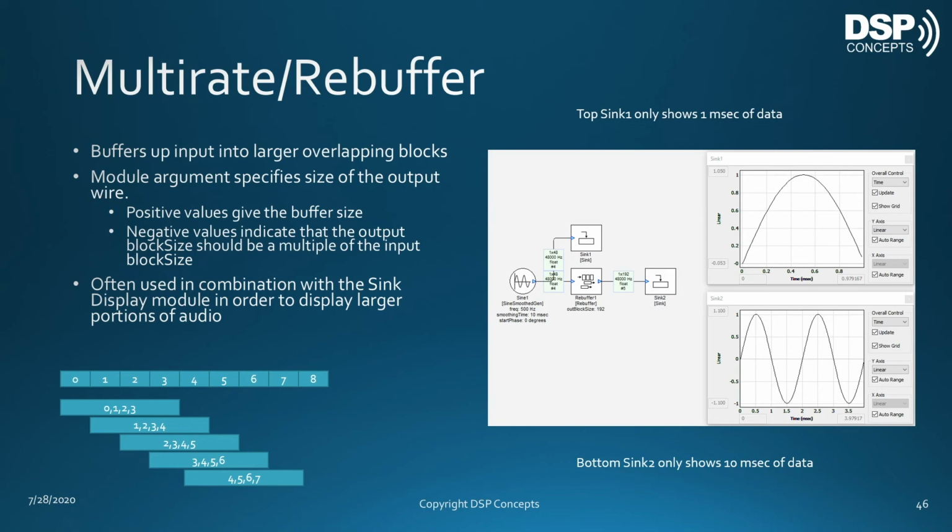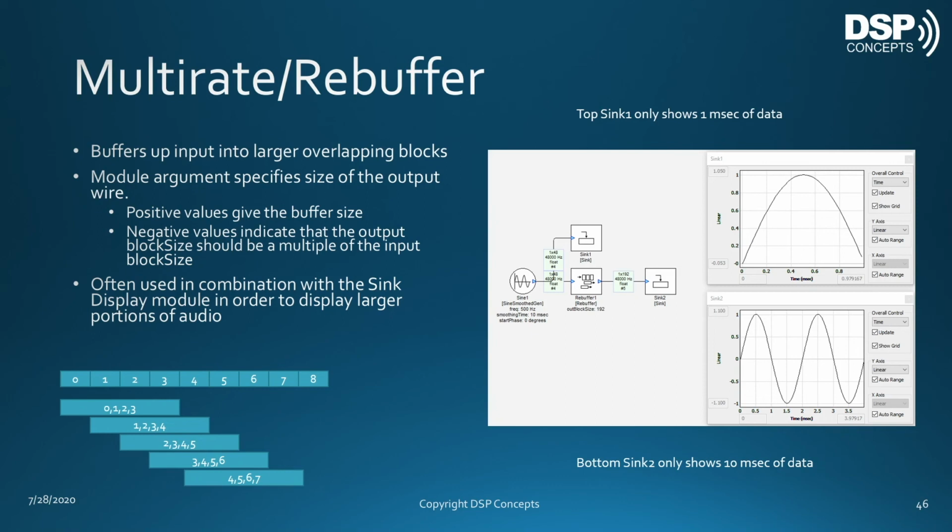So on the module arguments, you specify the size of the output wire. If you give it a positive value, it would use that positive value as the buffer size. If you give it a negative value, then it would correspond to a multiplicative factor that multiplies the input block size. This module is often used in conjunction with the sync display in order to display larger portions of data.